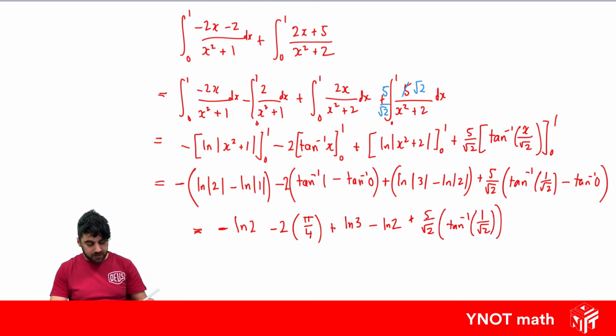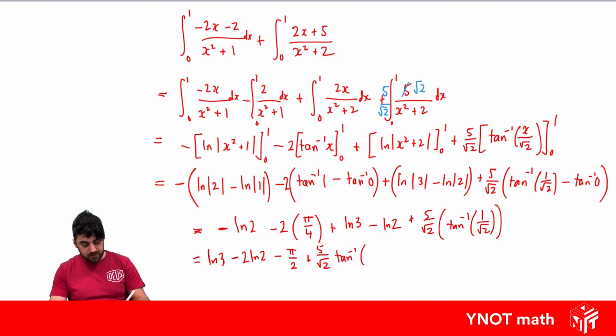So let's tidy this up a little bit. So minus ln 2 minus ln 2, we'll write ln 3 first, then minus ln 2 minus ln 2 is minus 2 ln 2, minus 2 times pi on 4 is just minus pi on 2, and then we've got our plus 5 on root 2 inverse tan of 1 on root 2, and probably just tidy up this ln part.